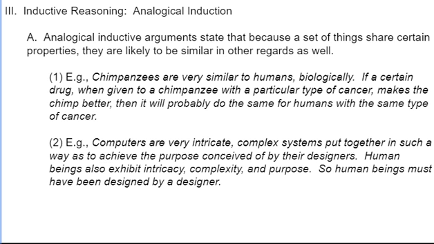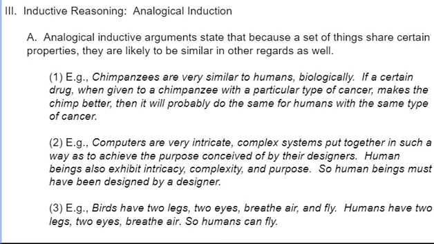So in other cases, it's also going to have a designer. It's an argument from analogy. You see how it works in basically the same way as the first example works, and it works basically the way that the definition I gave up there tells you it works, right?